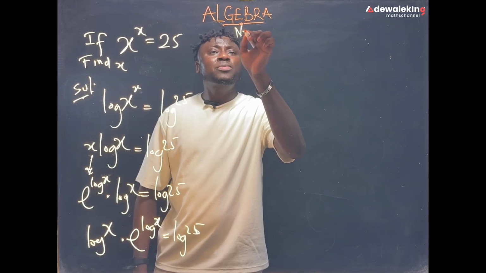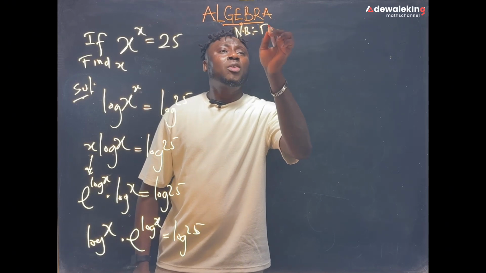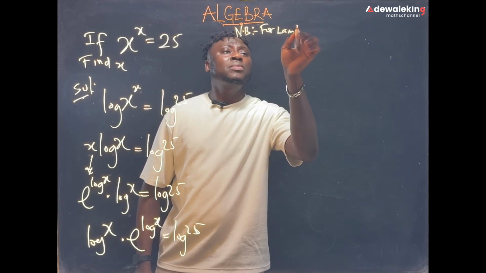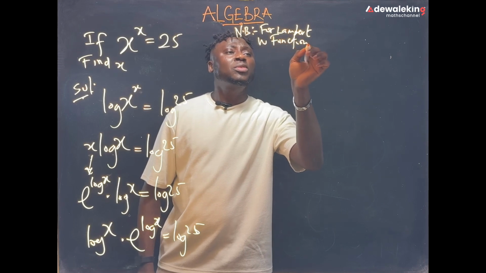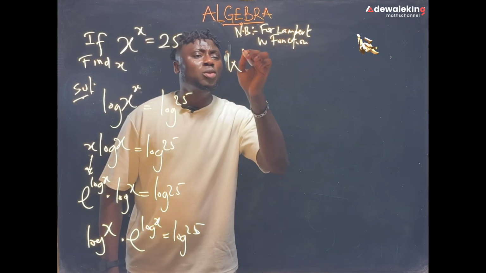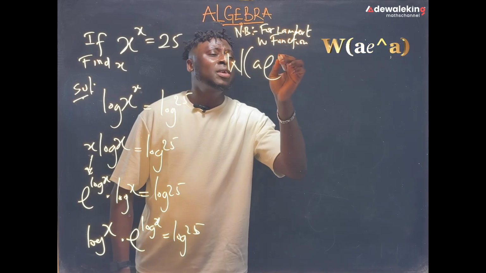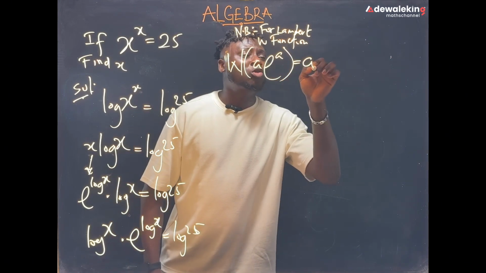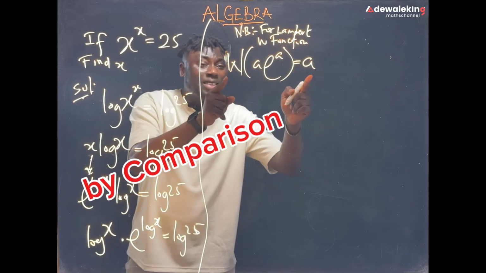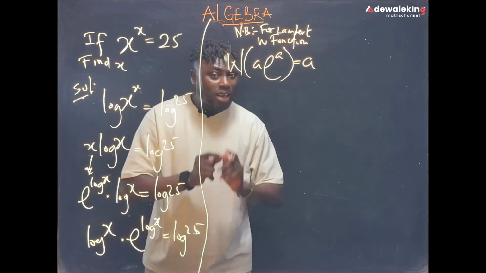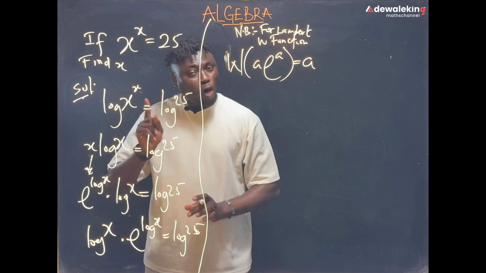Now note, for the Lambert W function, we have W a exponential a is equal to a. So let's do comparison. To compare this with this, we're going to take the Lambert W function of both sides.